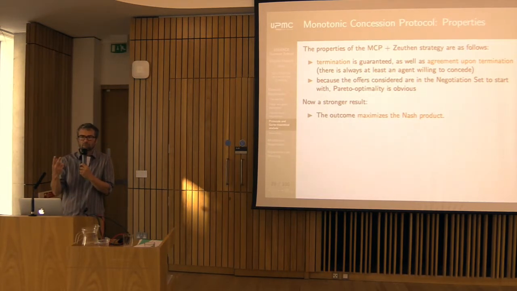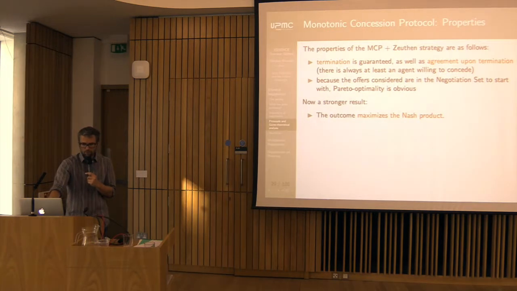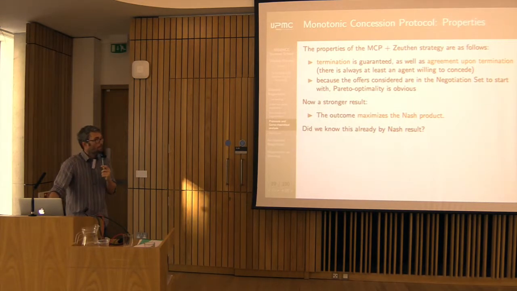Maybe both of them want to concede, maybe only one, but it cannot be the case that neither of them wants to concede. So there is no conflict that we can have. Because we assume that the offers are in the negotiation set to start with, we have Pareto optimality. But we have a stronger result, that the outcome will maximize the Nash product.